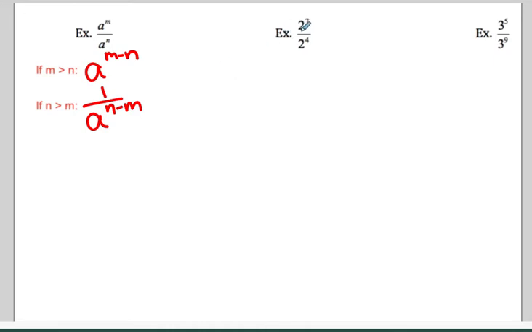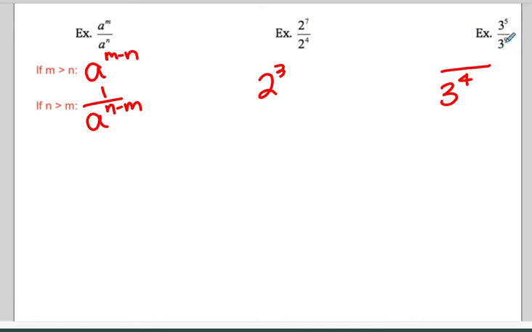So on this next example, 2 to the 7th over 2 to the 4th, 7 minus 4 is 3, so our answer is 2 to the 3rd. It's going to be in the numerator because 7 is larger. Whereas on this third example, 3 to the 5th over 3 to the 9th, same base of 3, we know that we can take 9 minus 5, and your answer is 4.